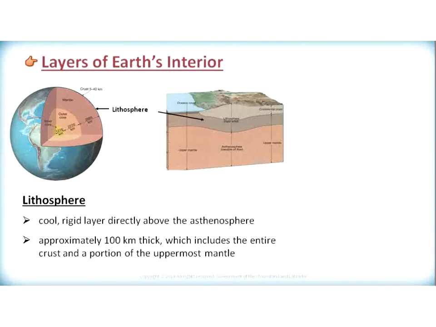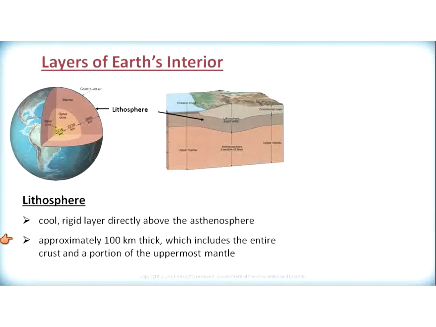When we look at the layers of Earth's interior, the lithosphere is a cool, rigid layer directly above the asthenosphere. It is approximately 100 kilometers thick, which includes the entire crust portion and the uppermost mantle.